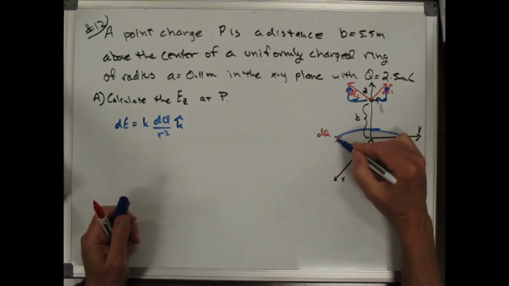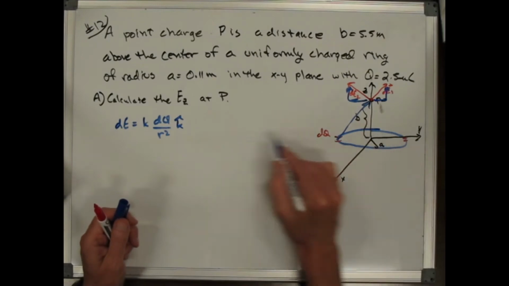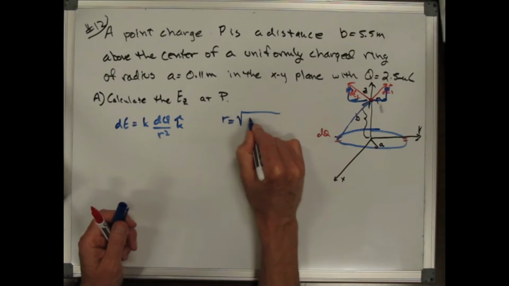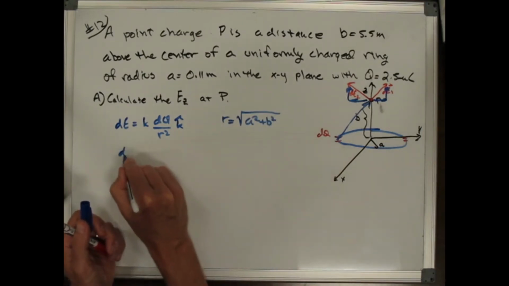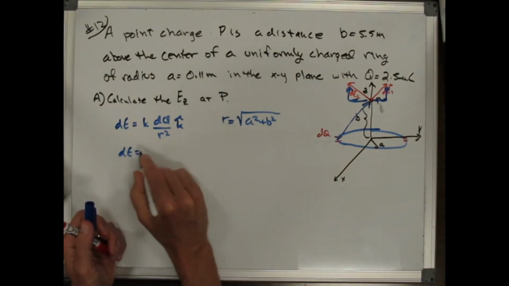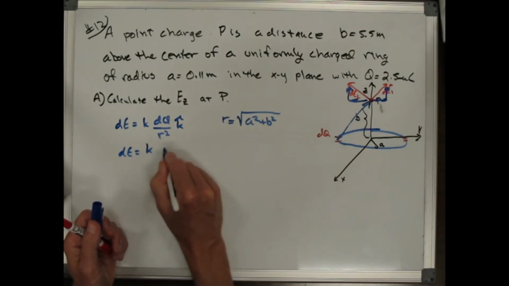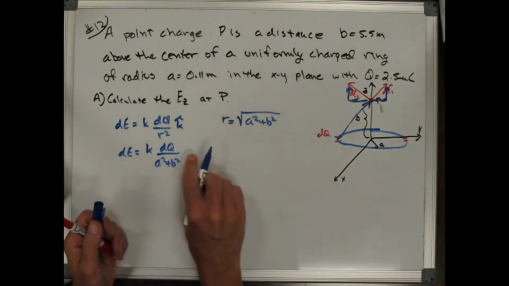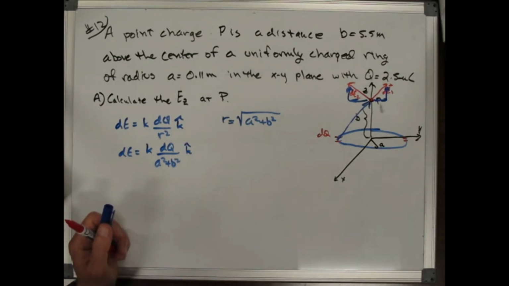Well, r is the distance between here and here, so it's that one, right? And so r is equal to the square root of a squared plus b squared. And so the electric field due to one little charge element is k times dq over a squared plus b squared, because it's r squared, times k hat.